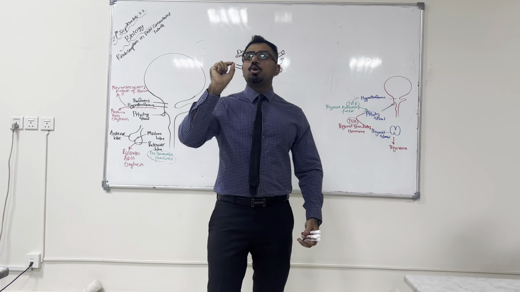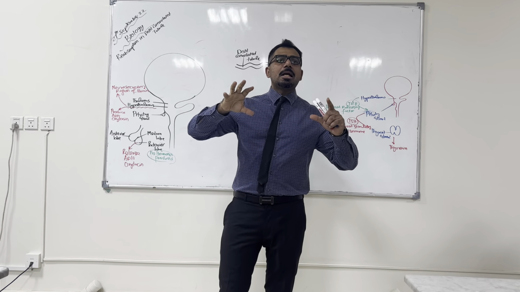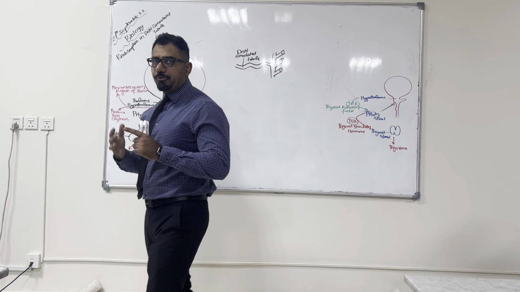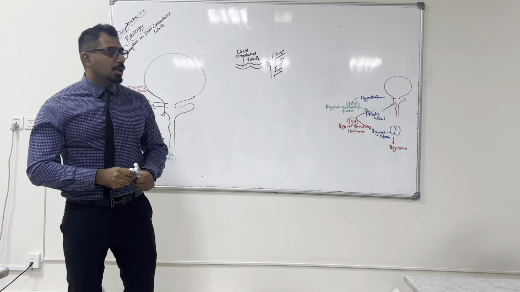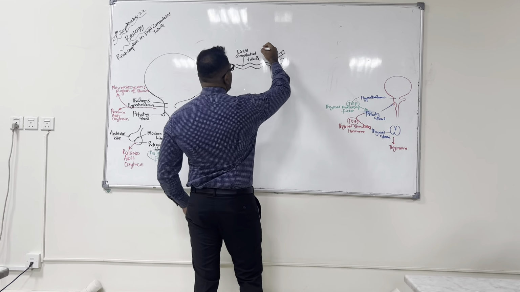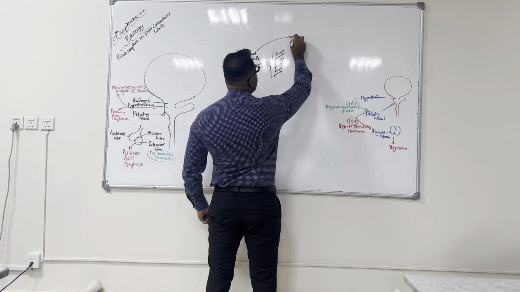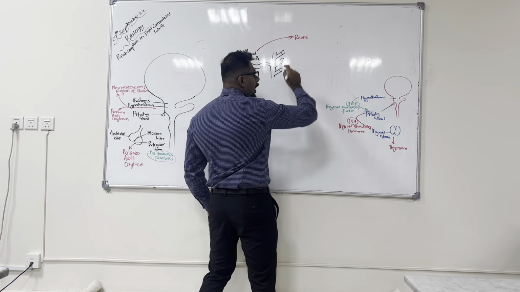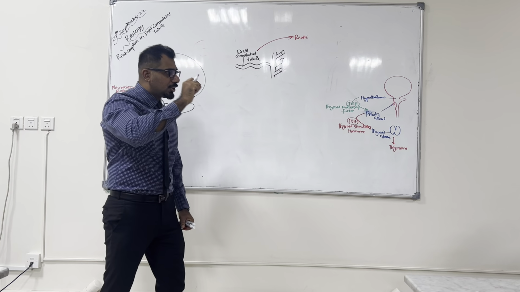Remember one thing, I told you this when we were learning about reabsorption in the nephron in general. We learned that in the distal convoluted tubule, reabsorption of water takes place only under certain conditions.